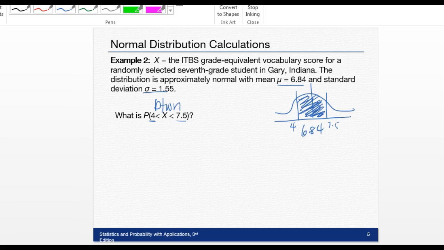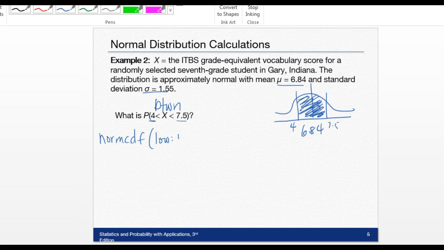Okay? So I go normal CDF, and the order in which you put all this information in your calculator is always the same. It's lower, upper, mu, and sigma. So I will let you put it in shorthand if you want to.